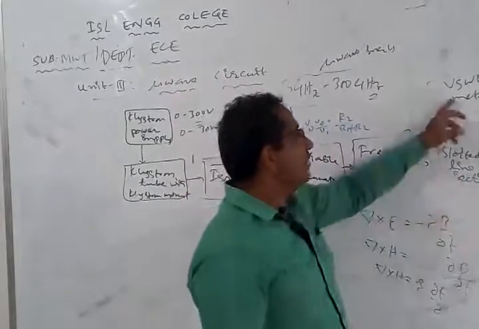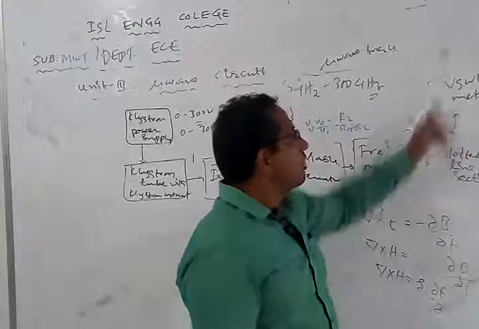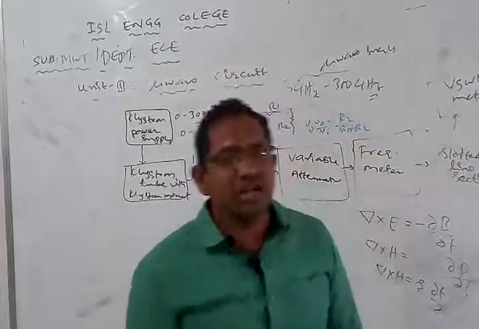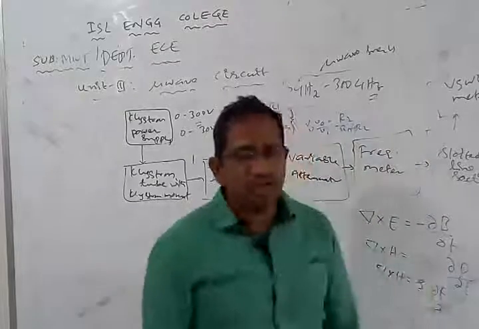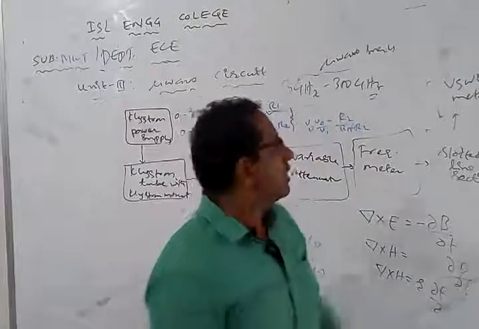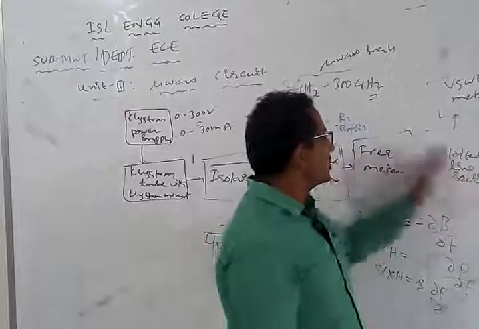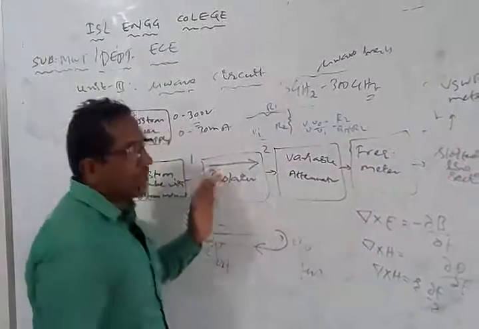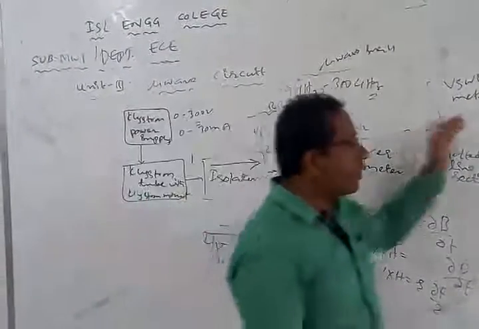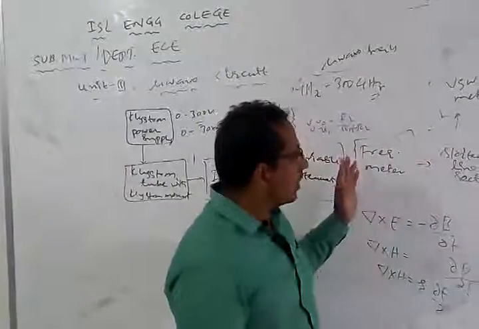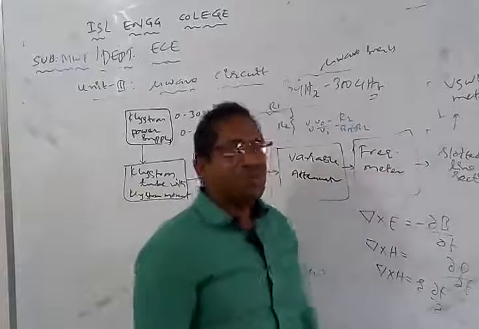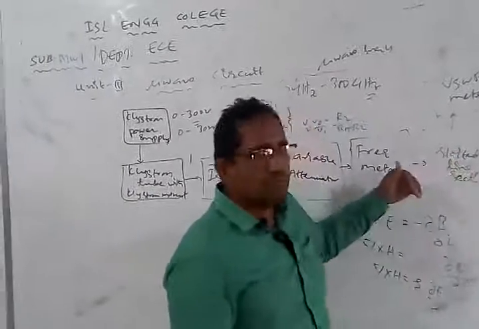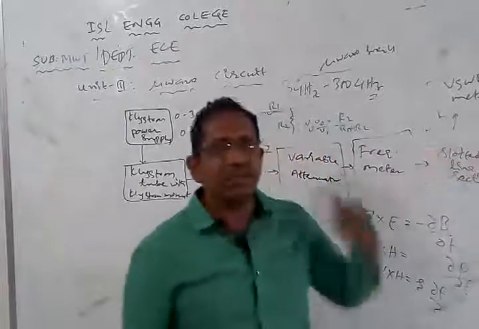And finally you have a VSWR meter. What does VSWR stand for? Voltage standing wave ratio. Why is it important? Whatever is processed by this entire setup has to be effectively transmitted into the load. If it is not getting transmitted into the load, it means some portion of the wave or signal got reflected back.